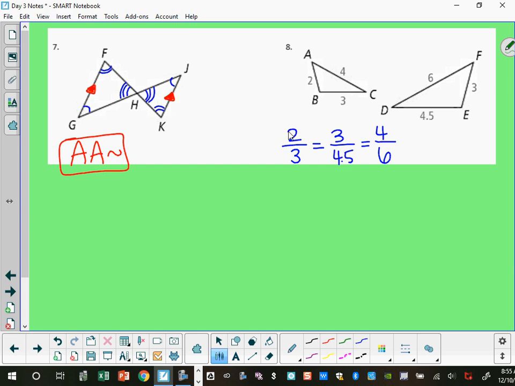Okay? What about for 3 over 4.5? 2 and 3. What about 4 over 6? 2 and 3. All right, so is this side similarity?